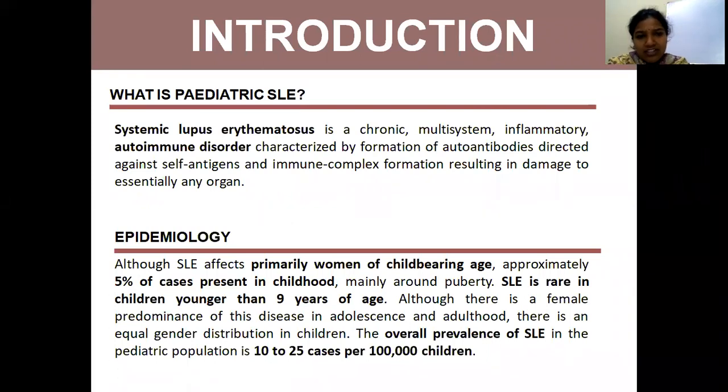There is an equal gender distribution in children, and the overall prevalence of SLE in the pediatric population is 10 to 25 per 1 lakh children. So in adults it is more common in women, and in children it is equally common in both the genders. It is SLE. This is a chronic autoimmune disease and mainly affects the blood vessels and the connective tissues.